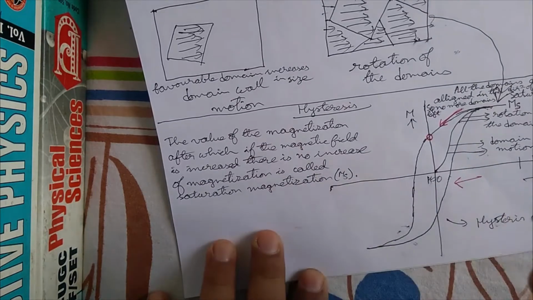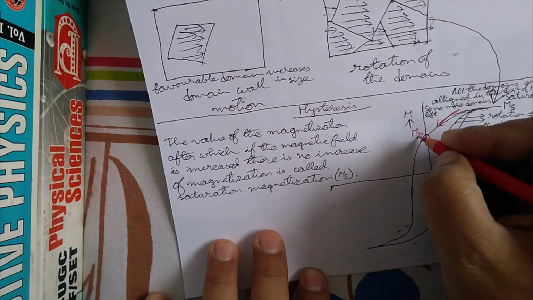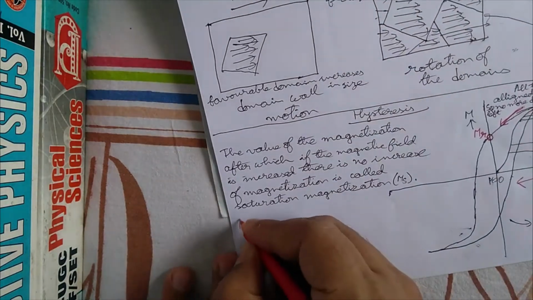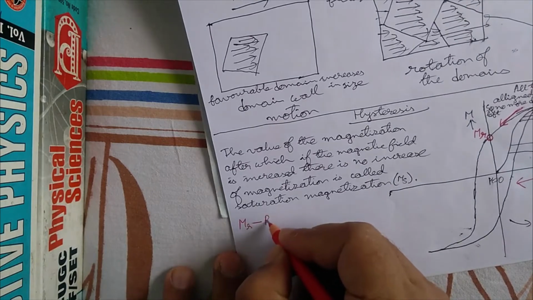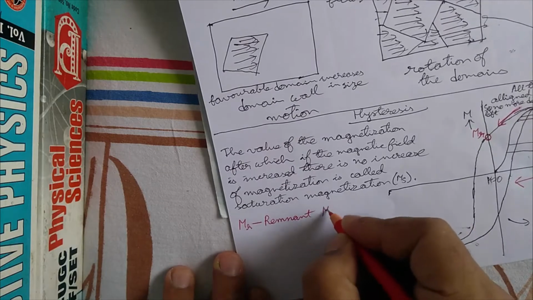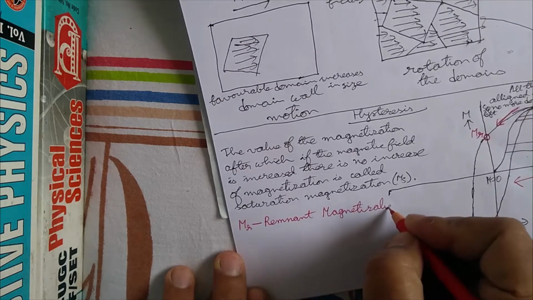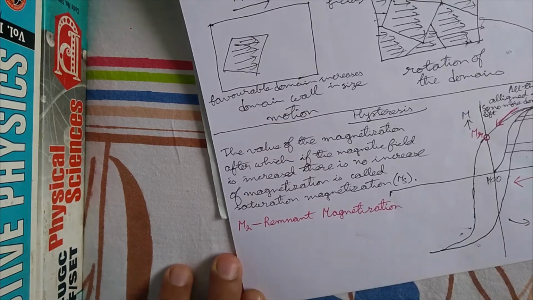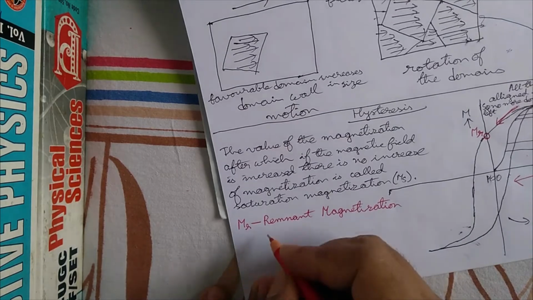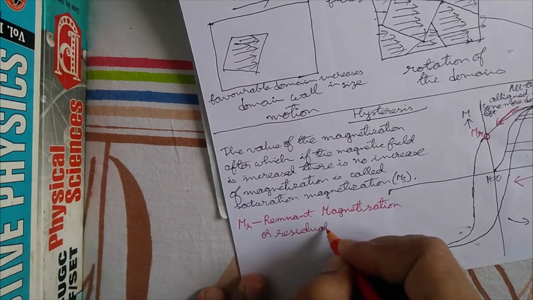This is called Mr. Mr is called the remnant magnetization, or residual magnetization.